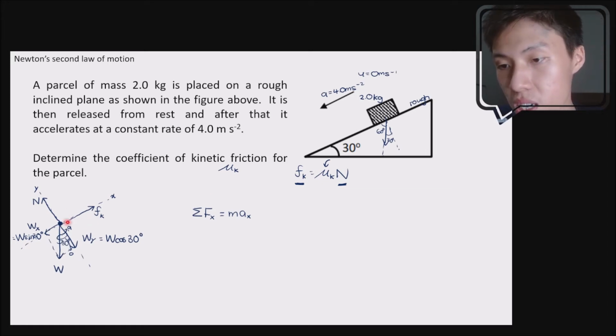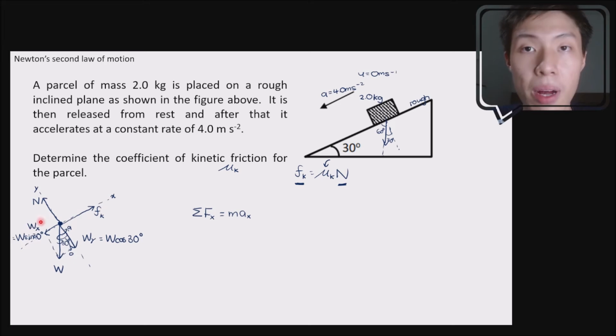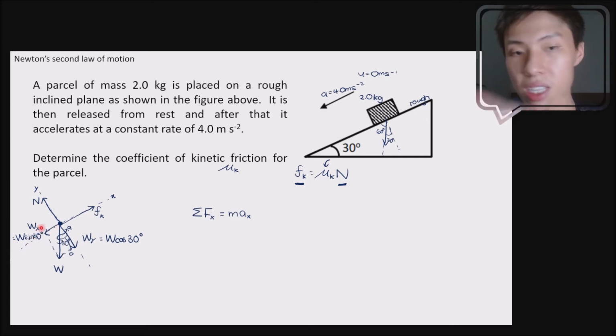You see here the forces in the x dimension are the kinetic friction and the x component of weight, but they are in opposite directions. Now you know that this object is accelerating this way.